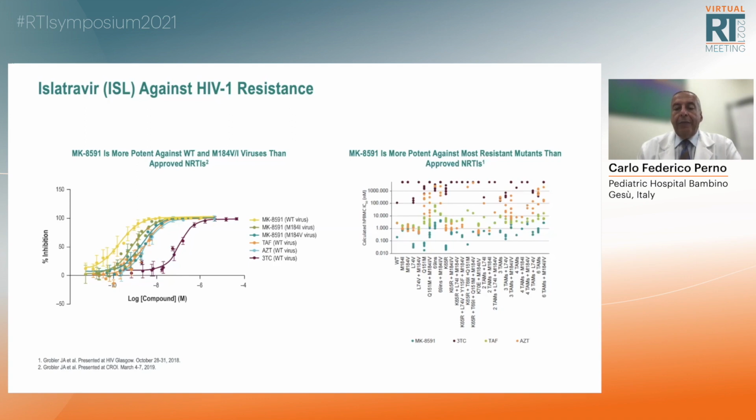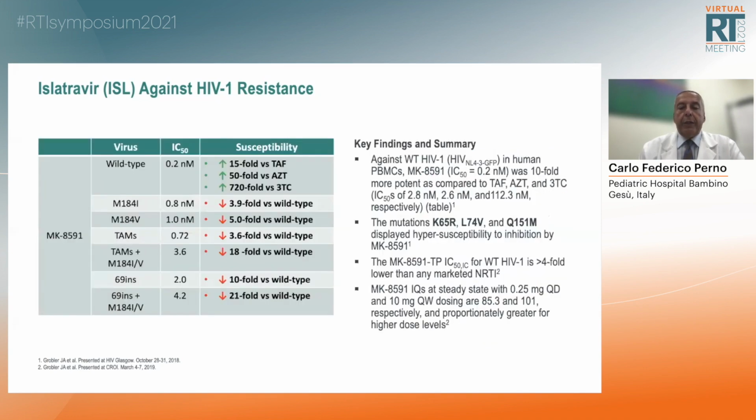Islatravir remains effective against the majority of the mutated and resistant viruses. In other words, this drug can be used at the beginning of the therapy, but can represent a very important rescue in those patients that, being highly resistant to NRTI, can no longer be treated with this kind of drugs.